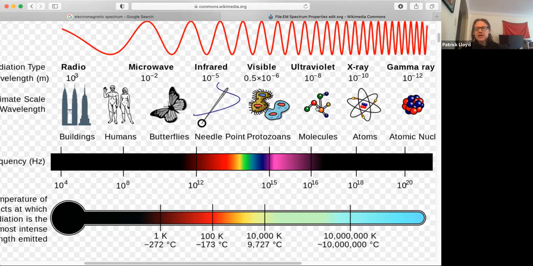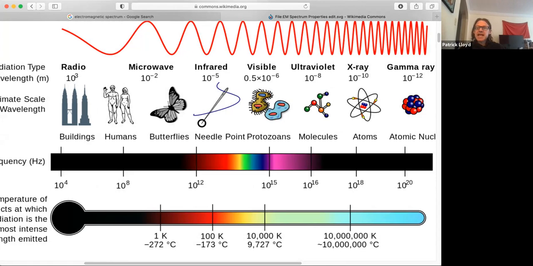Now you're talking about really, really short wavelength, 10 to the minus 10 meters. And the frequencies are enormous, 10 to the 18th hertz. And the temperatures that correspond, something that would actually emit electromagnetic waves that way, it's going to be really super high temperature. Okay. Last one, gamma rays.